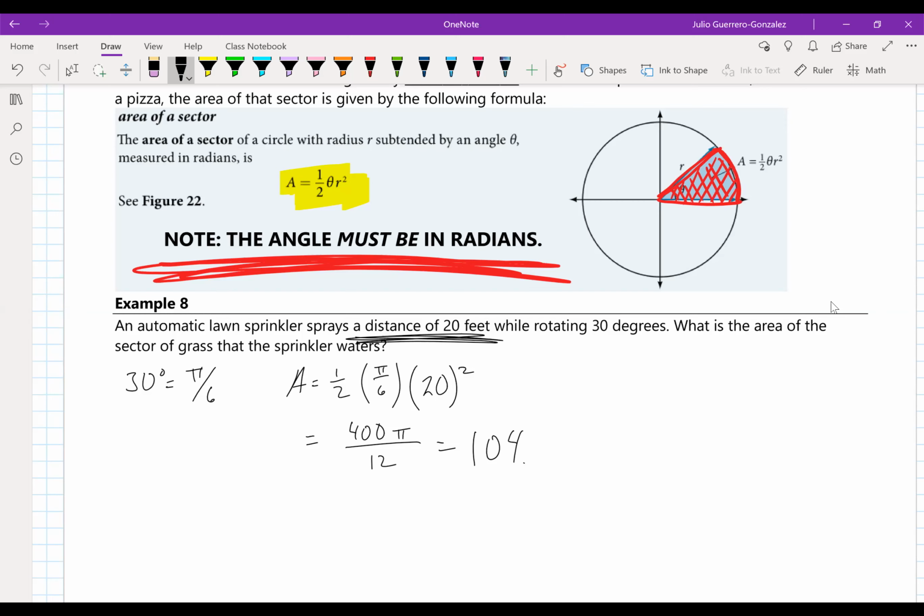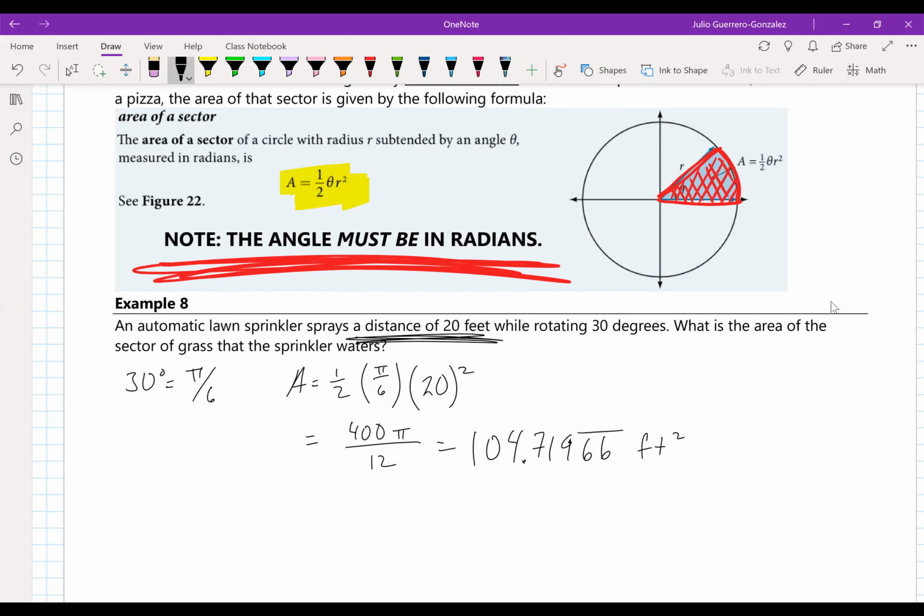Yep. So say it was rotating at like 60 degrees, then use pi over 3. Exactly.